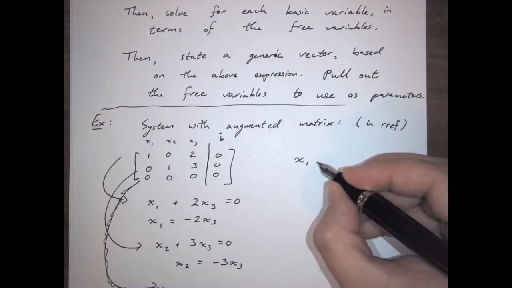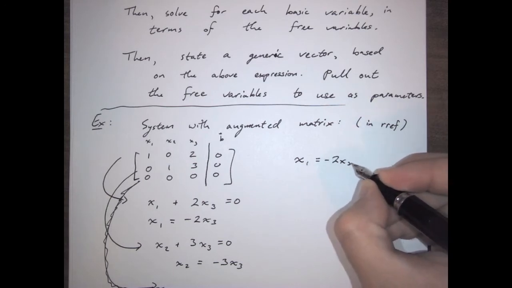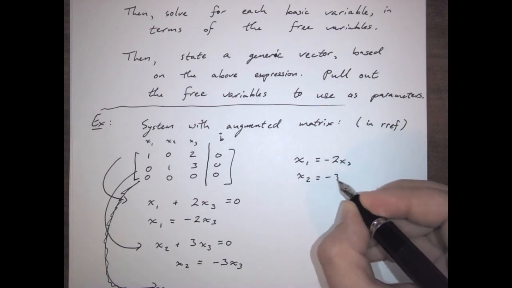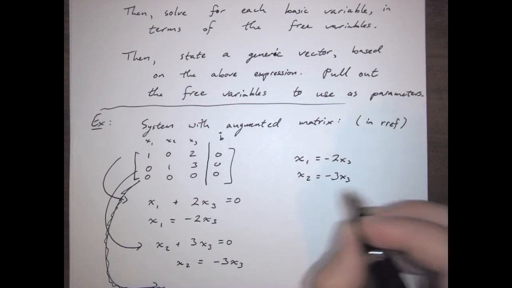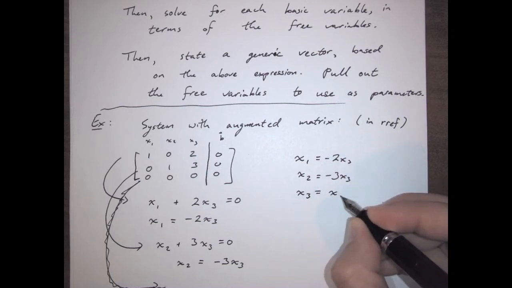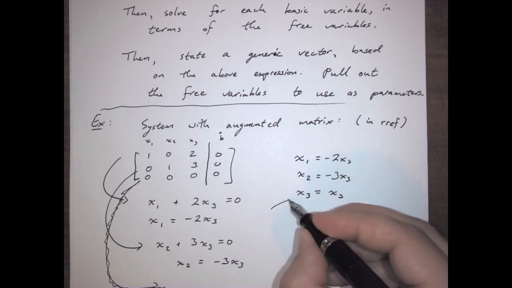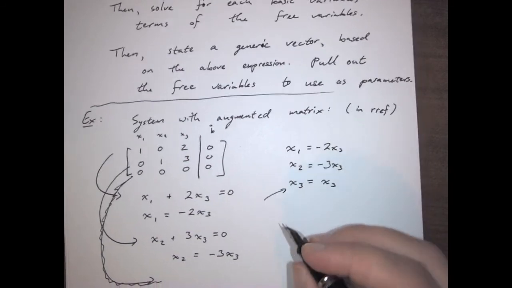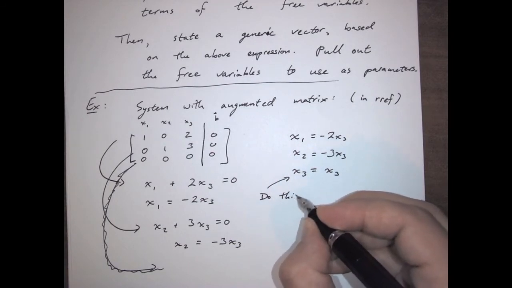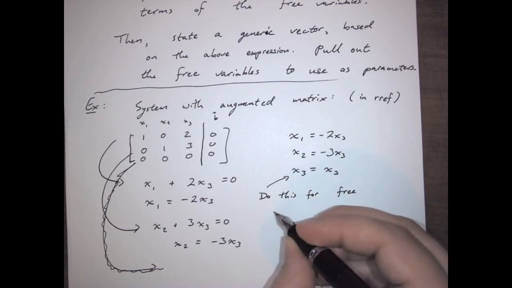So x1 is equal to negative 2x3, x2 is equal to negative 3x3, and then the free variable x3 just equals itself. So this is how we'll treat the free variables.